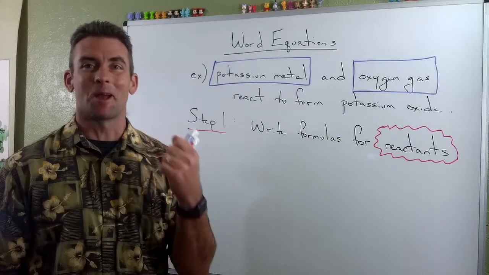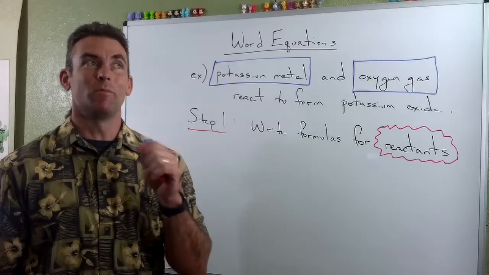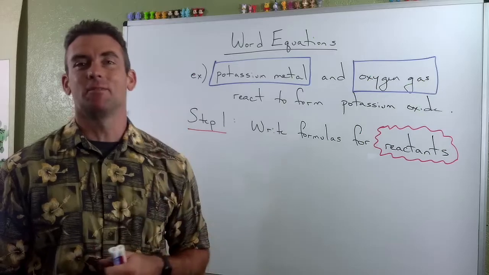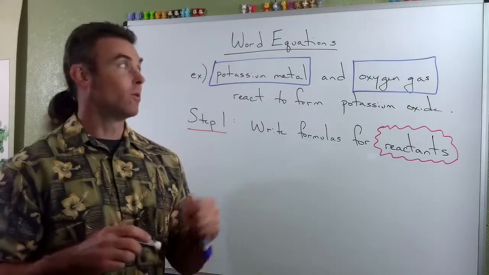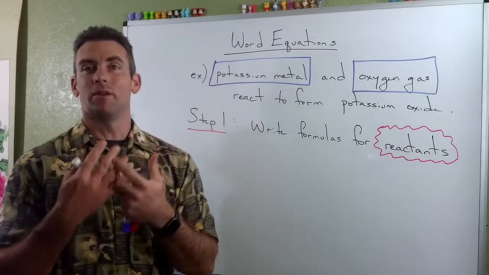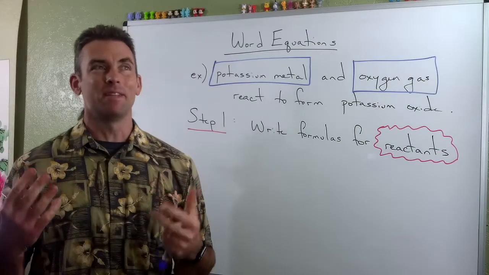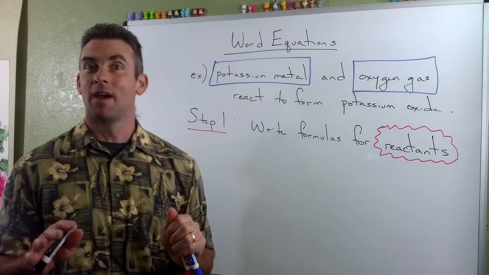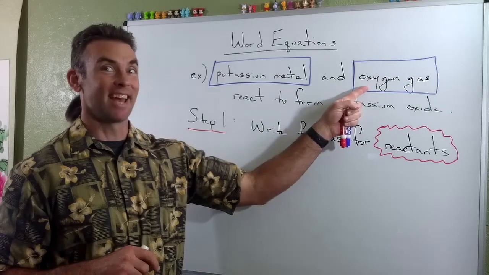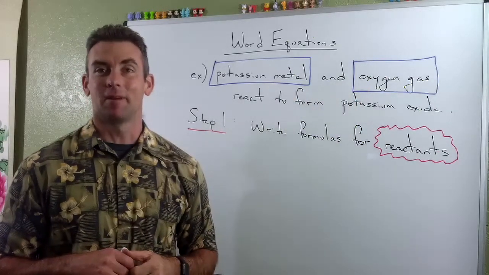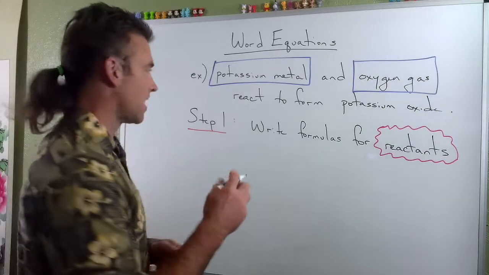Keep in mind that word elemental hopefully will jog some memory cells from earlier in the term. Potassium is one of those normal elements that can just exist all by itself. Hint, hint: oxygen gas can't just exist all by itself, right? So let's get those formulas written down.